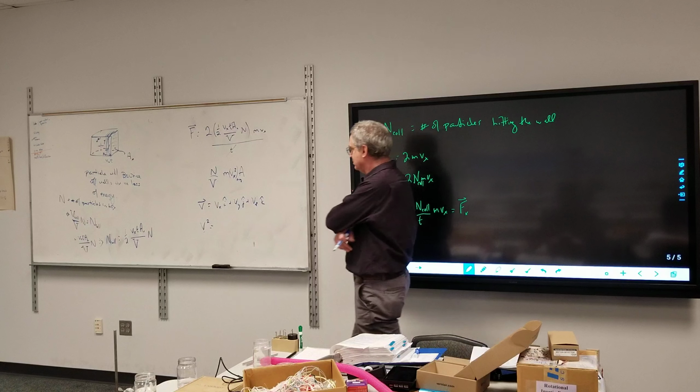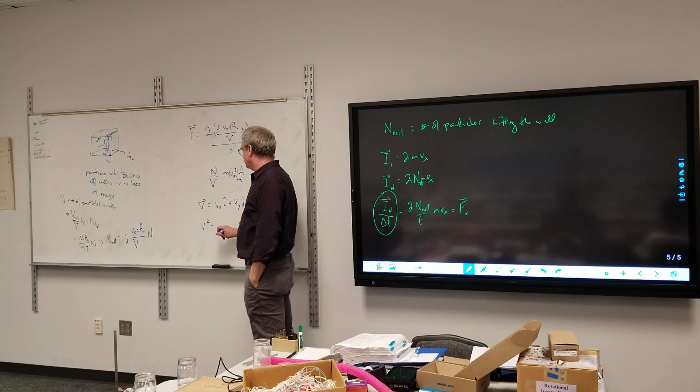You're doing a dot product with itself, so there's no direction. So the answer is Vx squared plus Vy squared plus Vz squared.